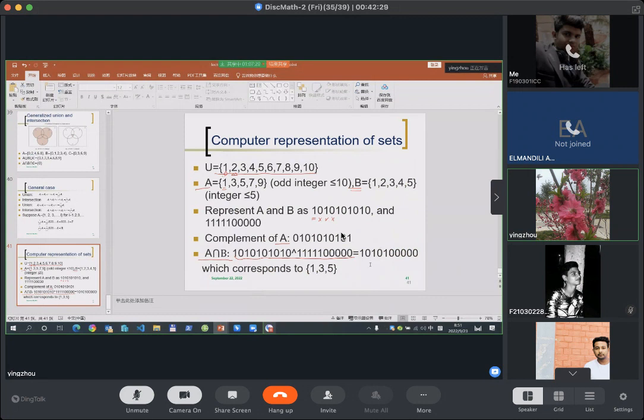So you will find it is different from how we humans understand the set operation. The computer just translates it into a logical expression, and based on this logical operator, we compute the set.